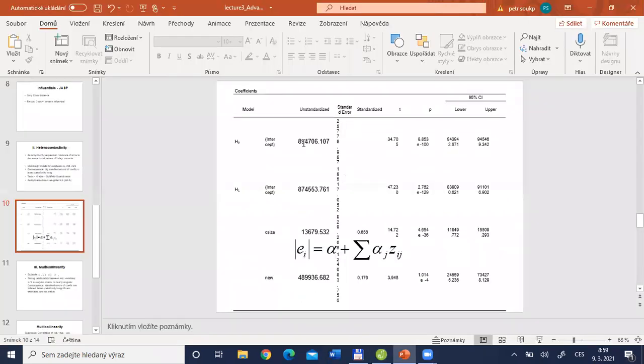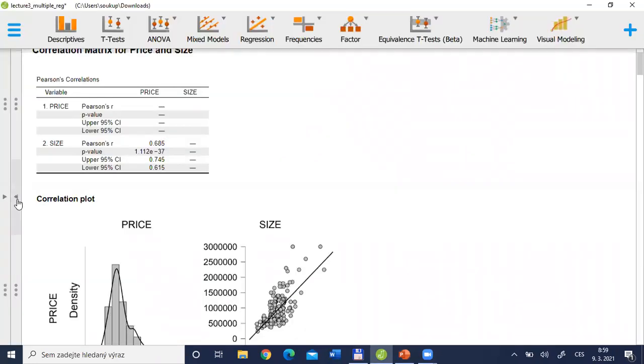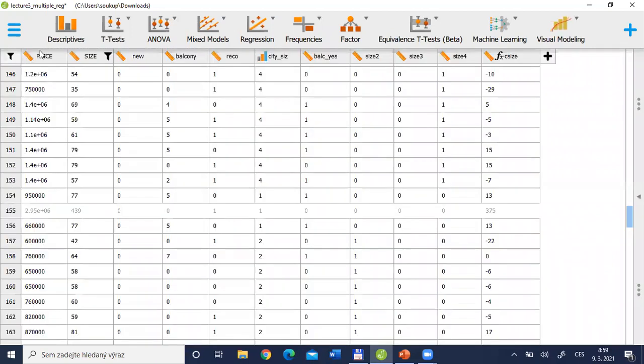So I would take this intercept plus size plus new and compute the value expected by my model, and I can subtract this value from the real price, which is present in the first column.